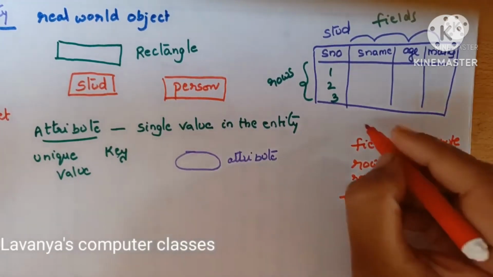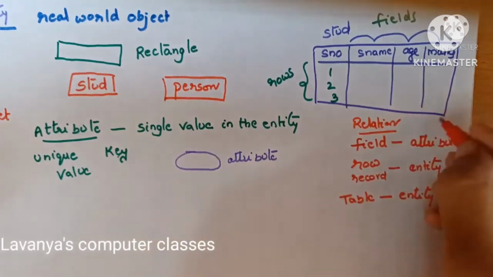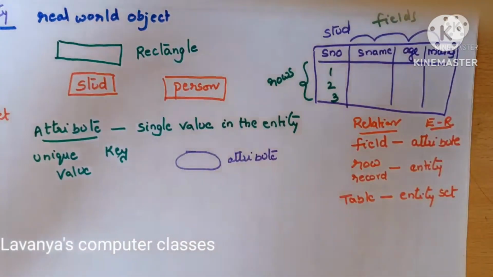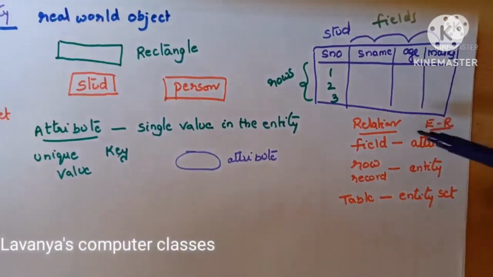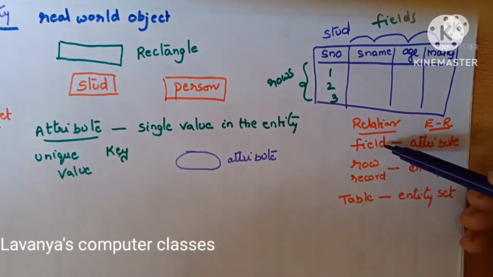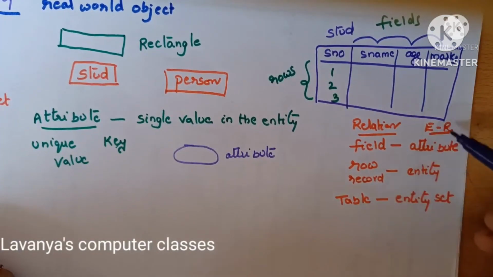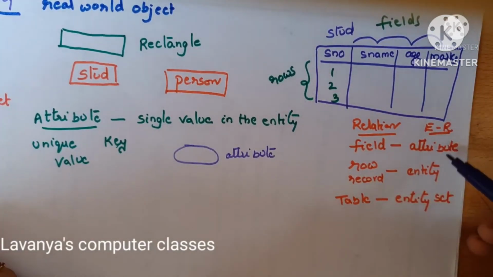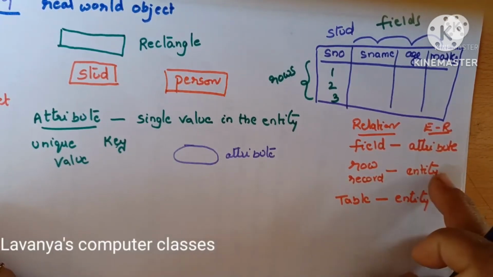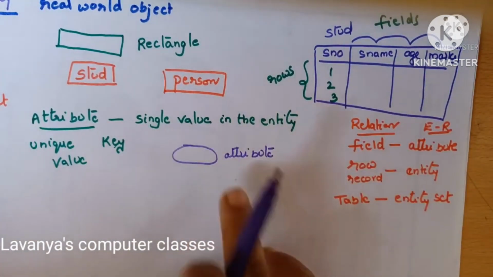So this is the relational data model, and this is the ER model. Data models are different but the concept is same, only the terminology is different. In the relational model we use field, record, table. Field means individual value, record means one row, table means collection of records. In ER model, we use attribute, entity, entity set. Entity set is nothing but a table, entity is known as record, attribute is known as field.